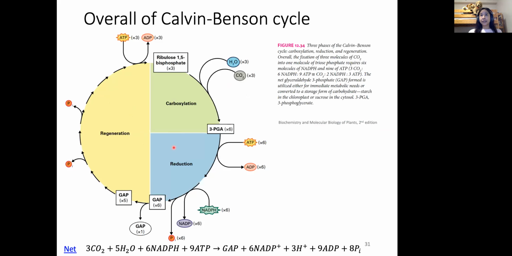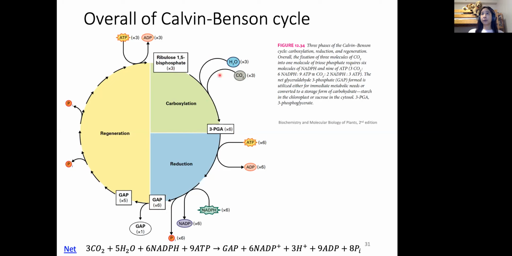All right, this is the overview of the Calvin-Benson cycle. You start from RuBP, and then you get carbon dioxide, 3-phosphoglycerate, make it more powerful, and get glyceraldehyde 3-phosphate.